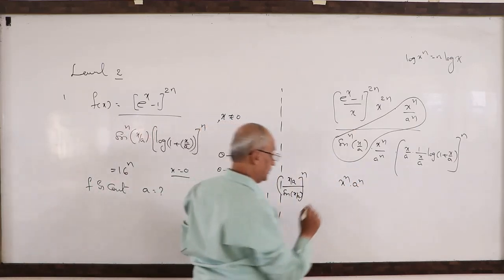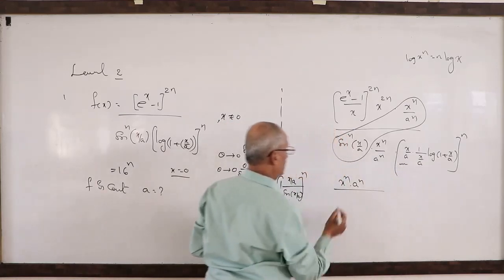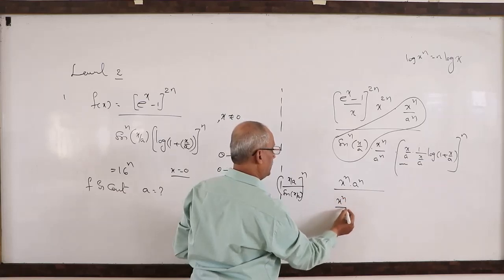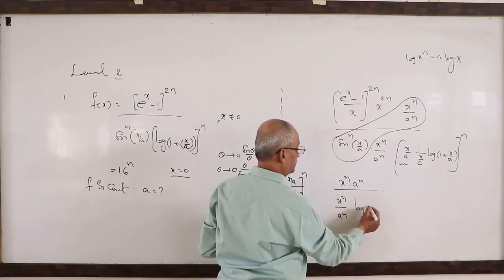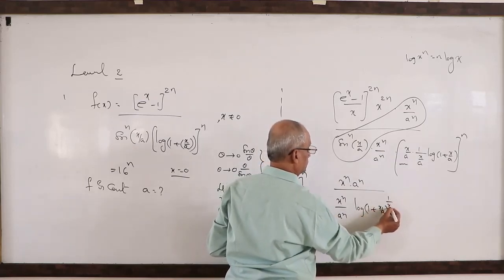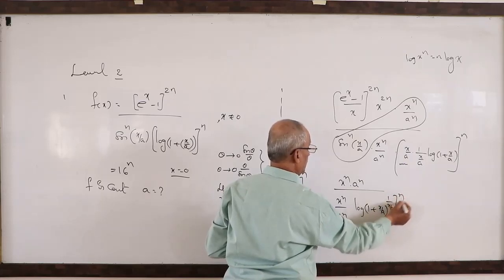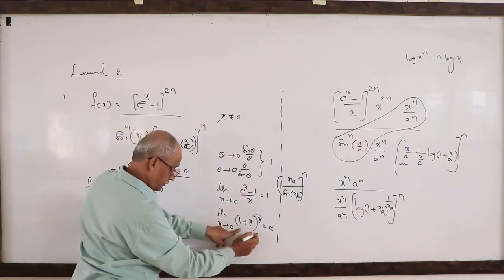Now, in the denominator, this term right outside, x power n by log of, now it is clear, this result.